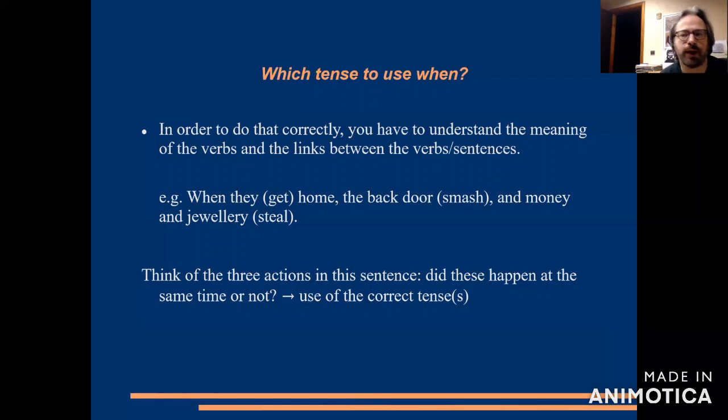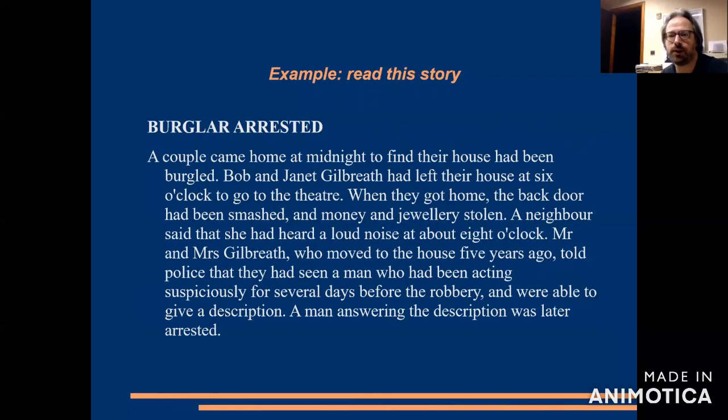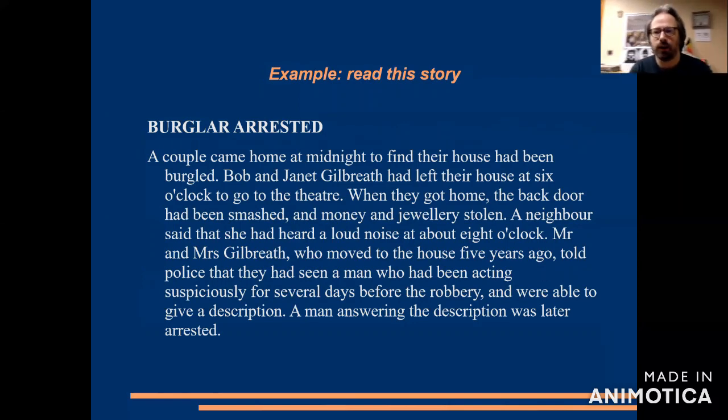So what are we going to do right now? We're going to listen to a story. You can see the story over here, and I'm going to read it for you. So a couple came home at midnight to find their house had been burgled. You remember that sentence. Bob and Janet Gilbreth had left their house at 6 o'clock to go to the theater.